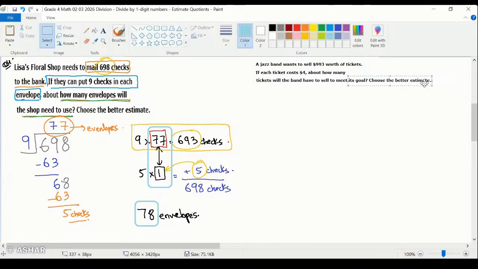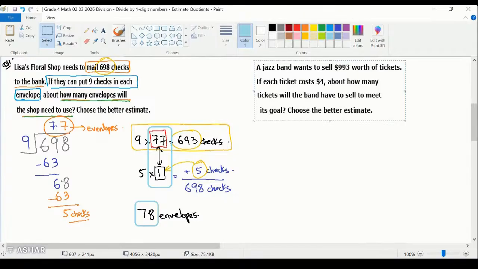For the next question, question number 5. A jazz band wants to sell $993 worth of tickets, right? If the cost of each ticket is $4, how many tickets will they need to sell to meet their target?